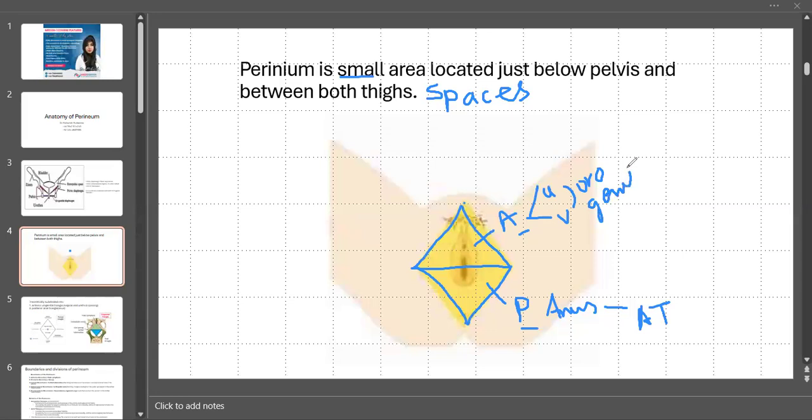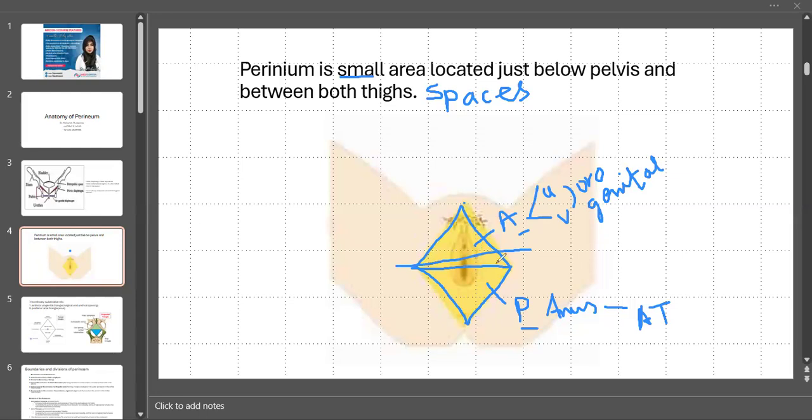After making these two triangles, you have to learn that this boundary line, which is differentiating between these two triangles, how it's made, what the corners are called, and from where it is running.